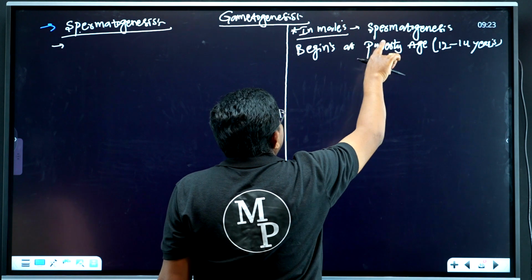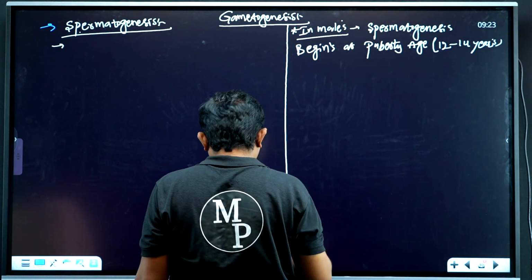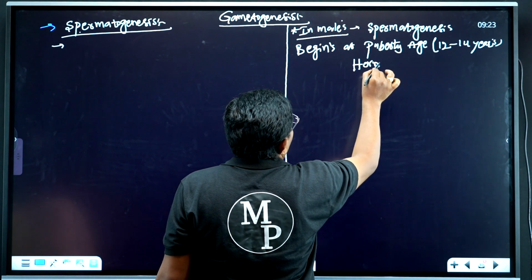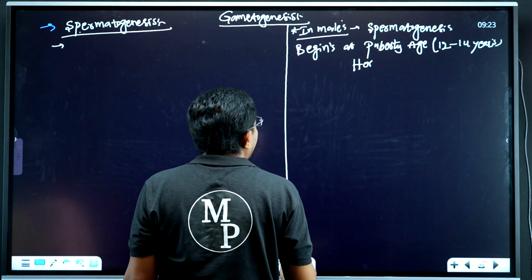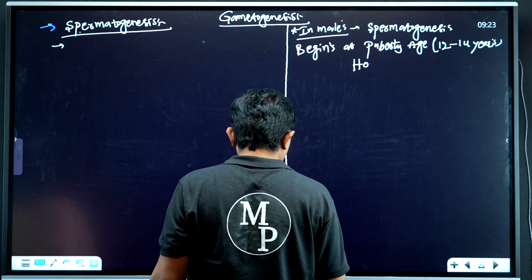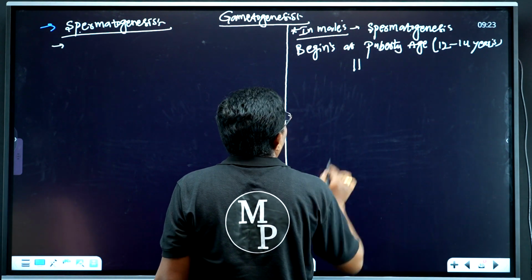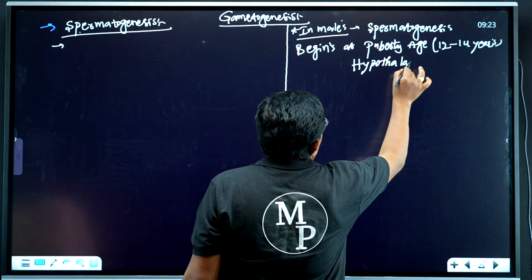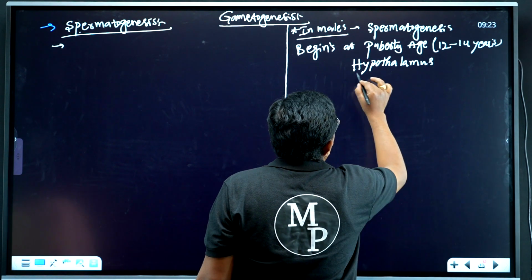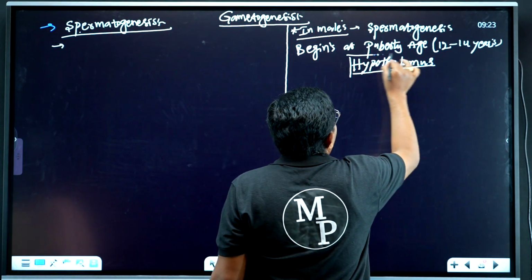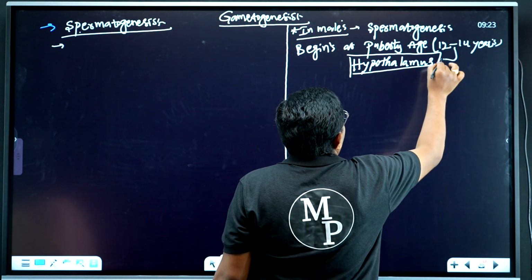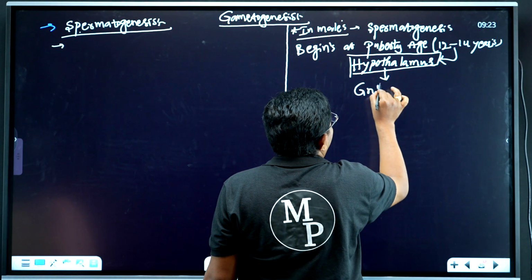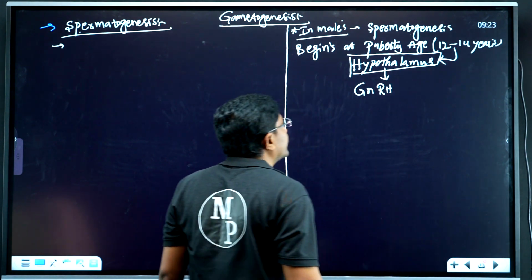At this age, now I'll explain the hormonal regulation. The hypothalamus, at the puberty age, releases the gonadotropin releasing hormone.